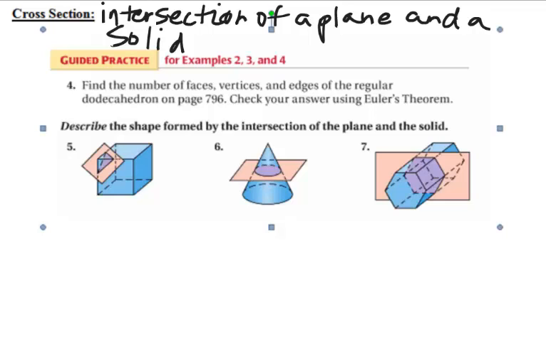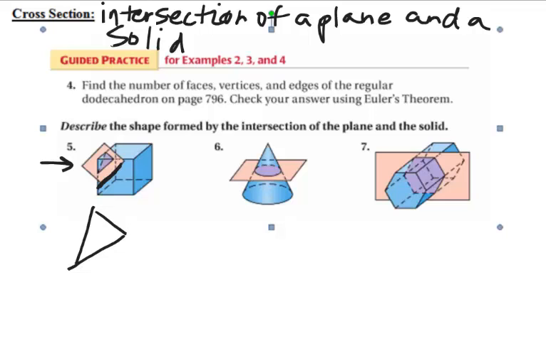We're taking this really thin little slice of a plane and we're going to slice through a figure. And so really what we're trying to get you to see here is what shape is going to be formed by that intersection, by that little sliver. If I take a tiny sliver out of this cube going diagonally, what kind of shape will I see? And what I would get would be triangular.